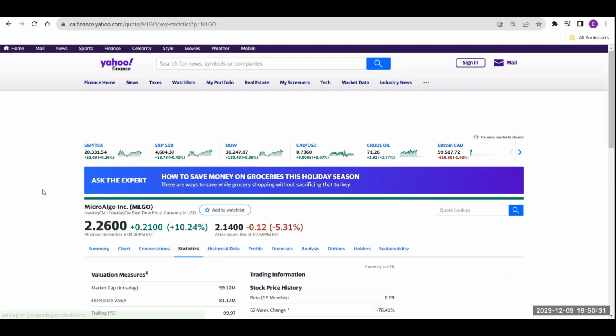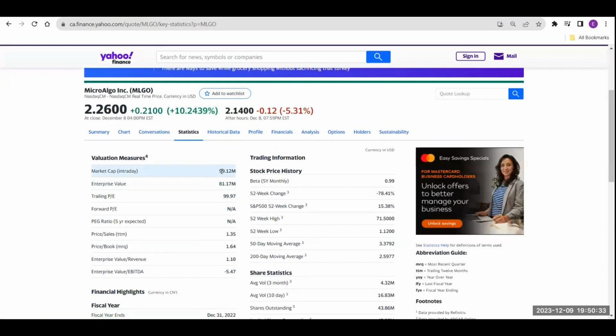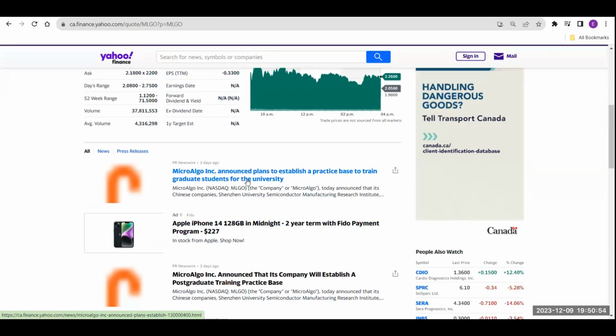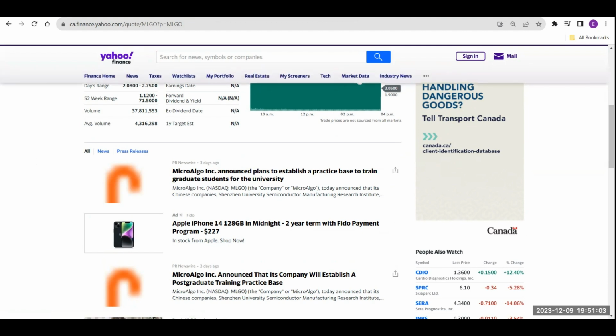Then you can come to the statistics. If you see the market cap is less, it is not in billions, it is just 100 million. And your float is just 3.38 million after hours, once the market closed, so it might have been 5 or 6 million. And what was the news? Microalgo announced plans to establish a practice base to train graduate students for the university. It was the pre-market runner, so you can go with this one.